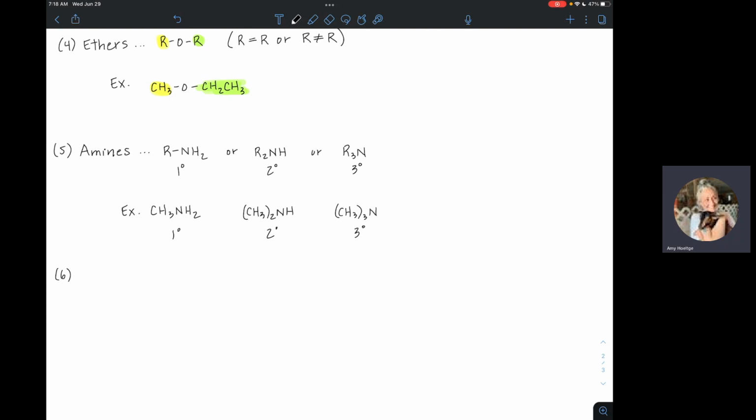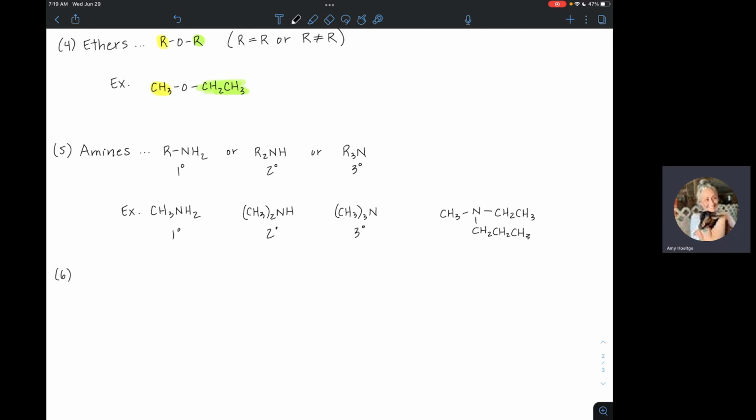So I could have something like a methyl group on one side. I could have an ethyl group on the other side. And I could have a propyl group down here. And that's still a tertiary amine, right?